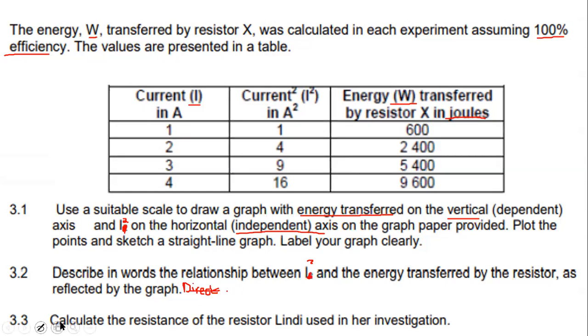So they said we must actually describe it. So what we are going to say is current squared. Remember, they didn't say with current, they said with current squared. Current squared is directly proportional to energy transferred.